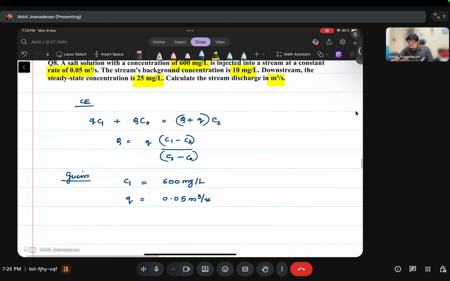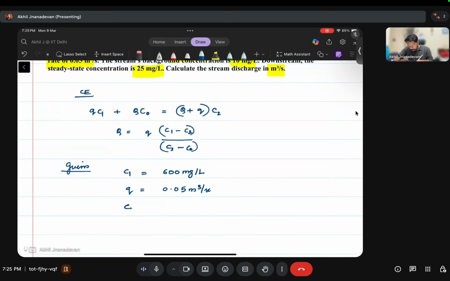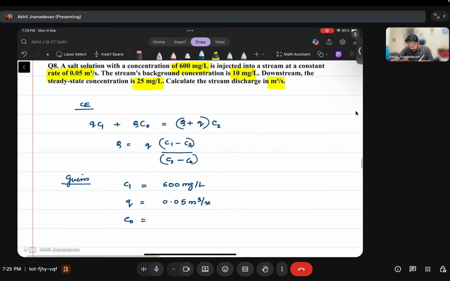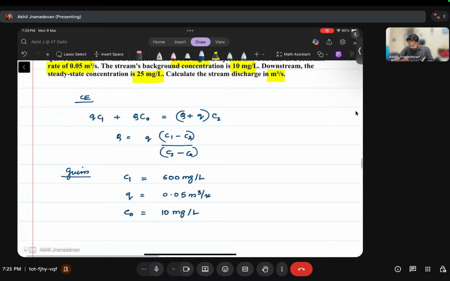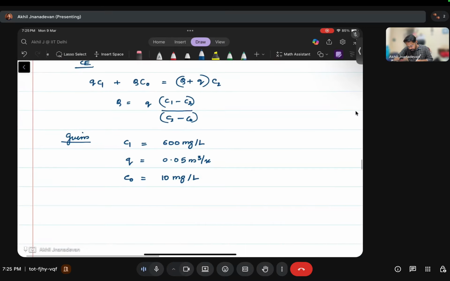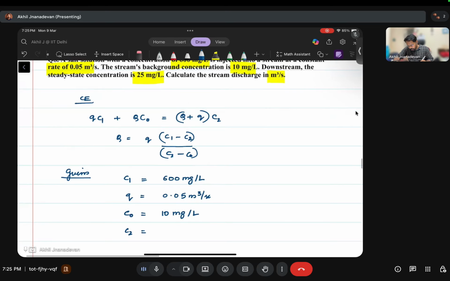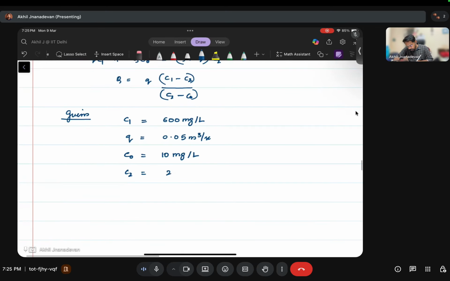The background concentration, the concentration that is already there, C naught, is 10 milligram per liter. And the steady state downstream concentration, the final concentration C2, is 25 milligram per liter.